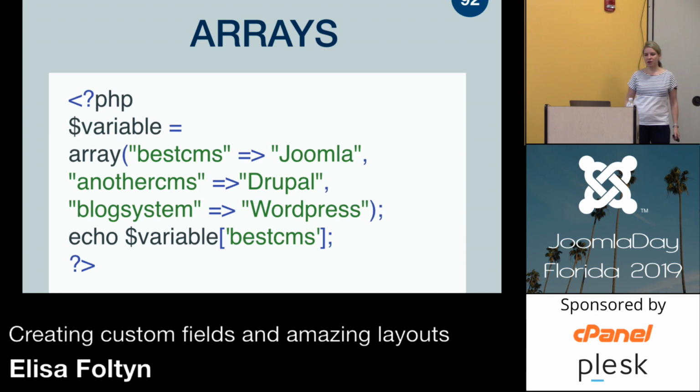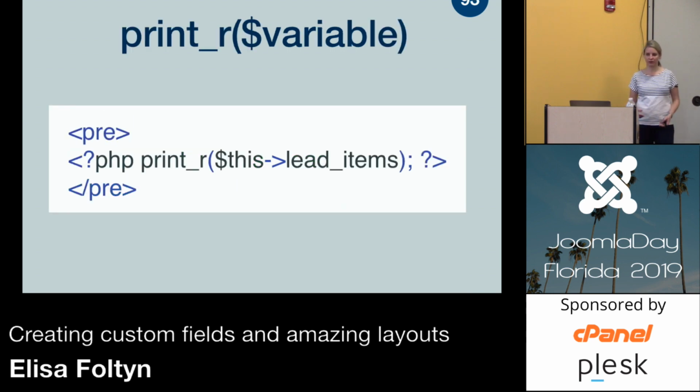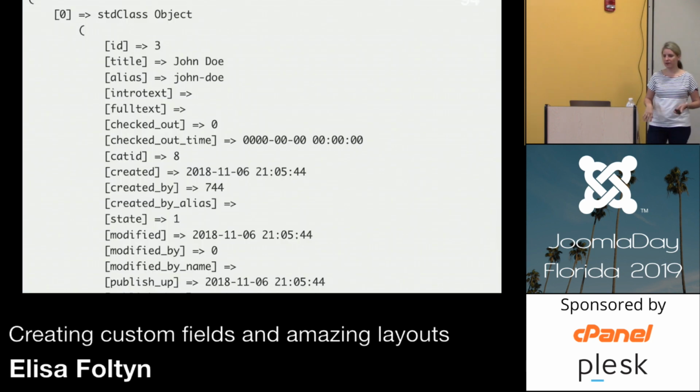And to know what's inside of such an array, I have always this trick. There's a method to write print_r and then in brackets the variable of the array. That's my power tool, print_r everything. What's in this? And it looks like that.